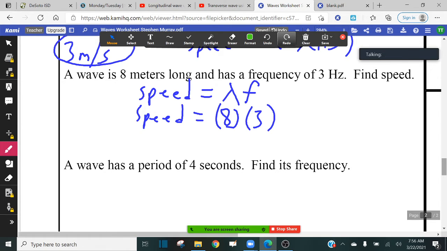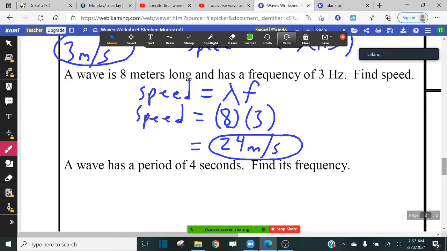So 8 times 3 gives me a speed of 24 meters per second.